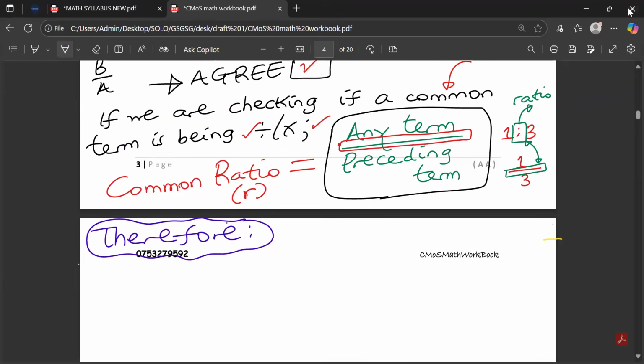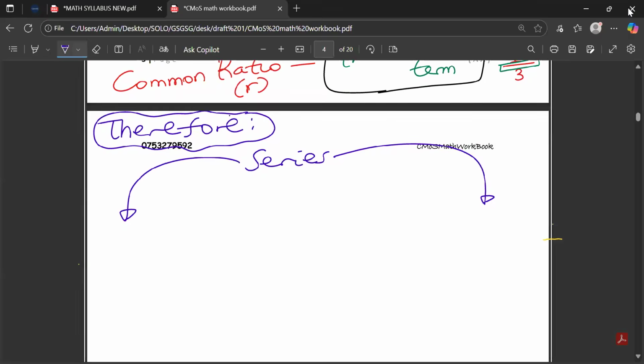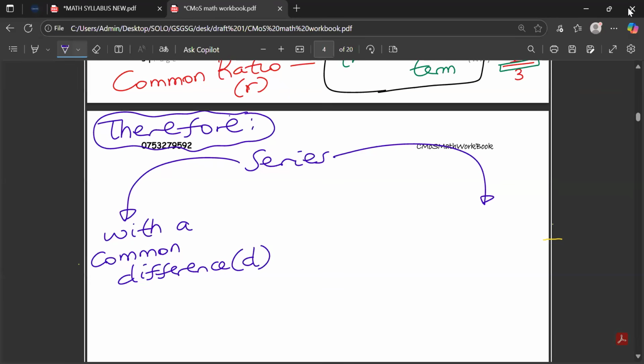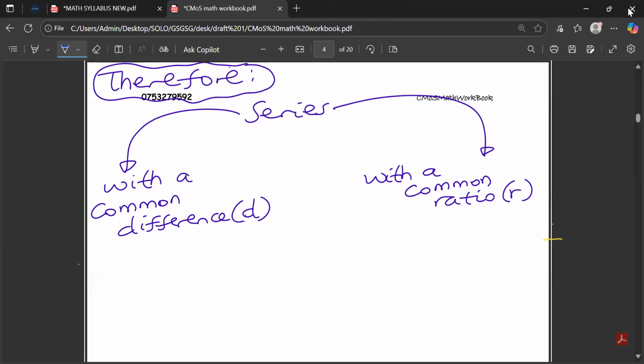So therefore, the series are divided into two: the series with a common difference D, and the series with a common ratio R. The series which always have a common difference D are the ones we call the A.Ps.